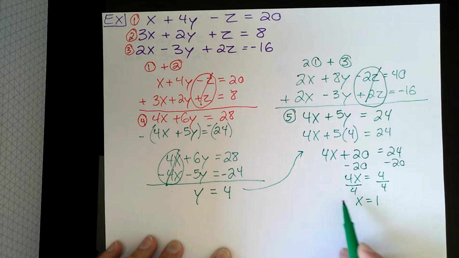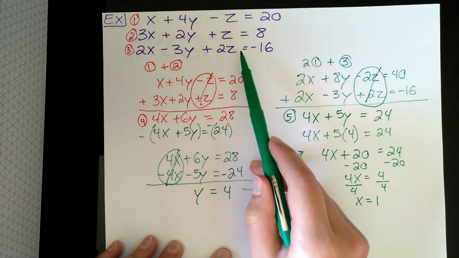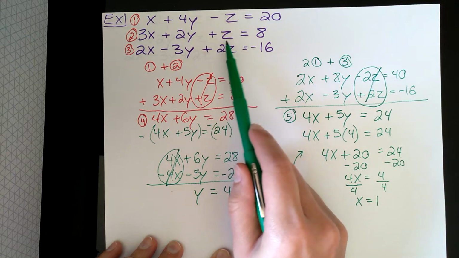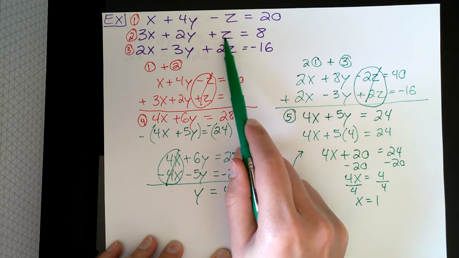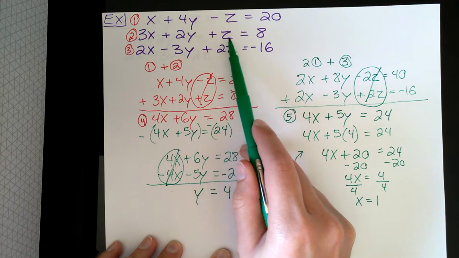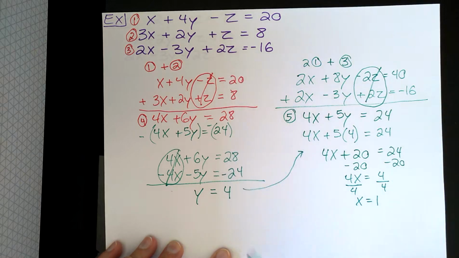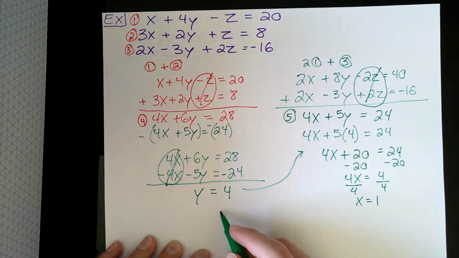Now that we have y and x, we can solve for z. And we want to use one of the original 3 equations, and we're going to use equation 2 because it already has z by itself. We won't have to divide or multiply by anything to get z alone. So we have 3x plus 2y plus z equals 8.